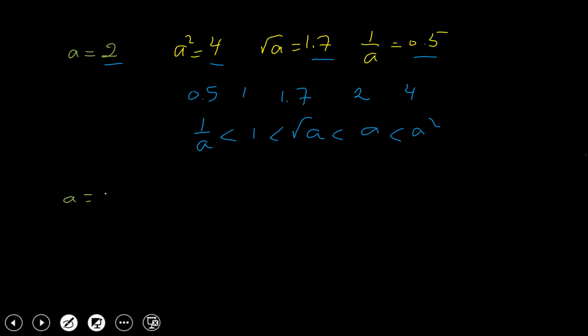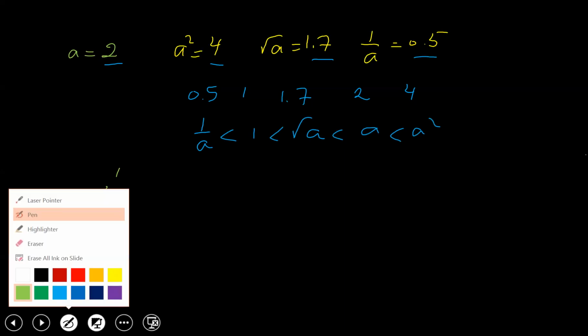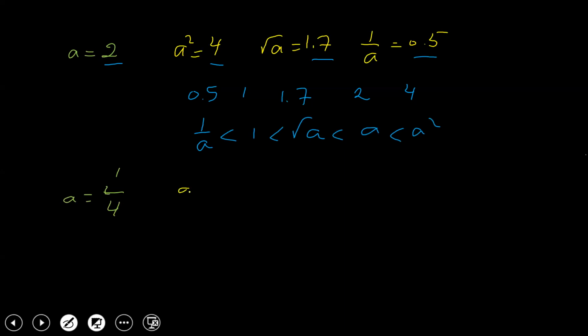for example, A equals to 1 over 4. Okay, what do we get? A squared is 1 over 16. Radical A is 0.5 or 1 over 2. 1 over A is 4.